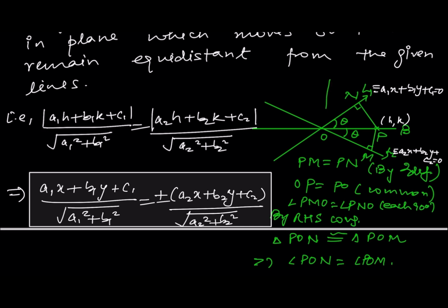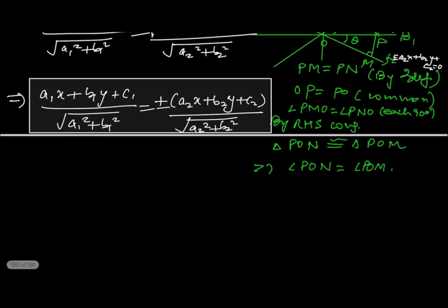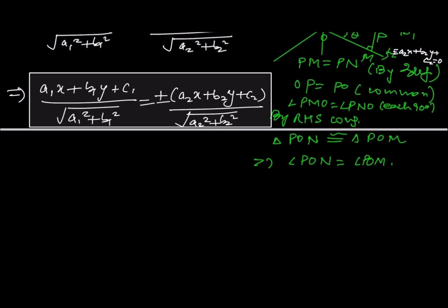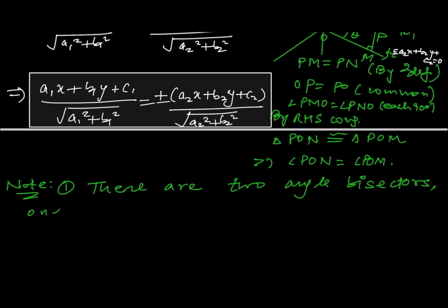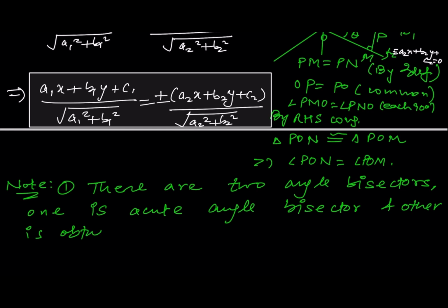Okay, so this is bisector b1, then this is bisector b2. So there are some points to note. Note 1: there are two angle bisectors, one is the acute angle bisector and the other one is the obtuse angle bisector, right?